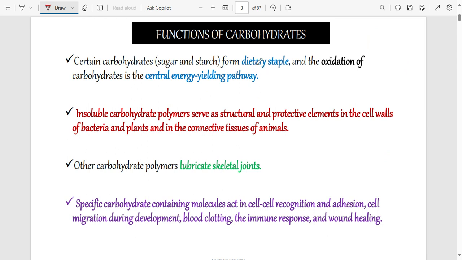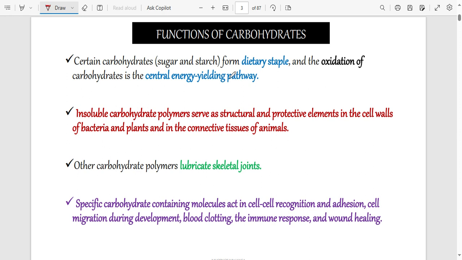Carbohydrates can be used as staples, and the oxidation of carbohydrates is key in the formation of energy. You've always been told carbohydrates form energy from high school. You are now going to understand how they really form energy. We are going to do that as a topic on its own.